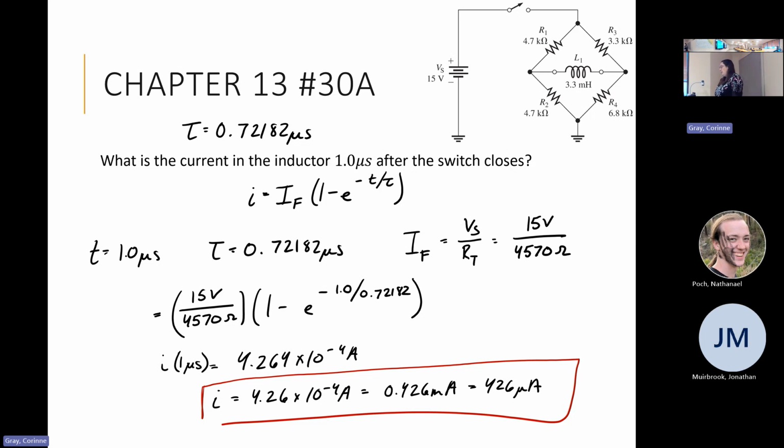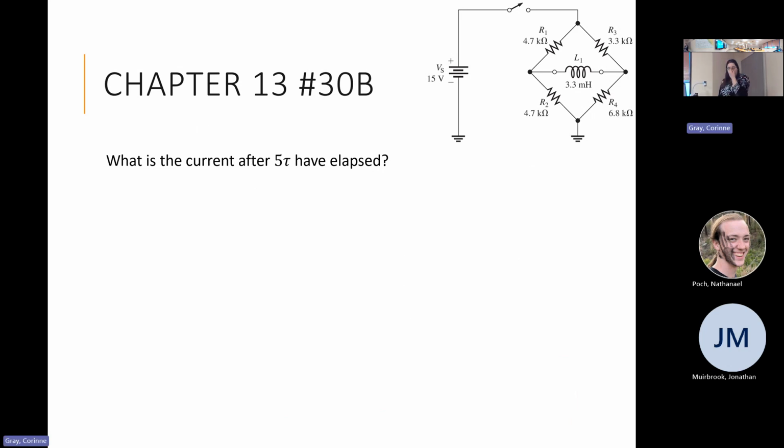Any questions about 30A? So for B, we're looking for what is the current after 5 tau has passed.